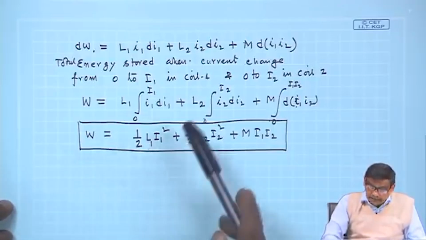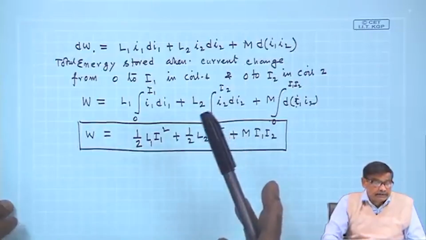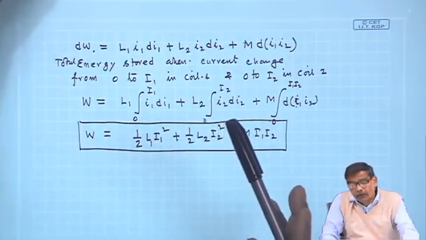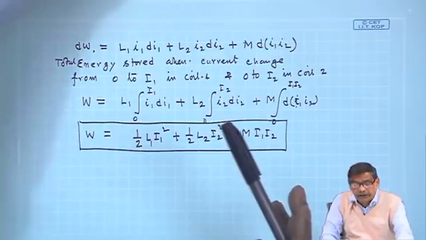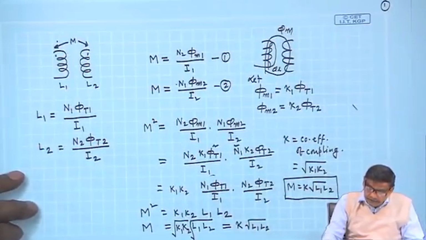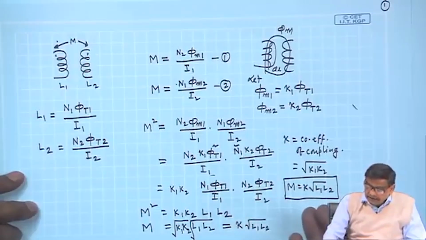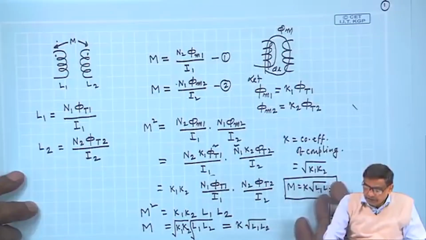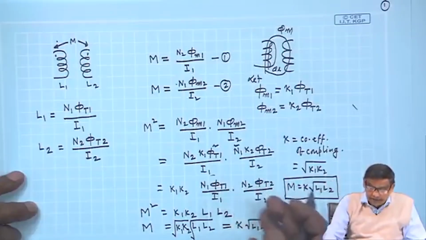And today what I have done in this unit is I just highlighted 2 things. One is about the coefficient of coupling, what does that mean, how they are related, that is m can be expressed as coefficient of coupling and L1 L2, that I have done.